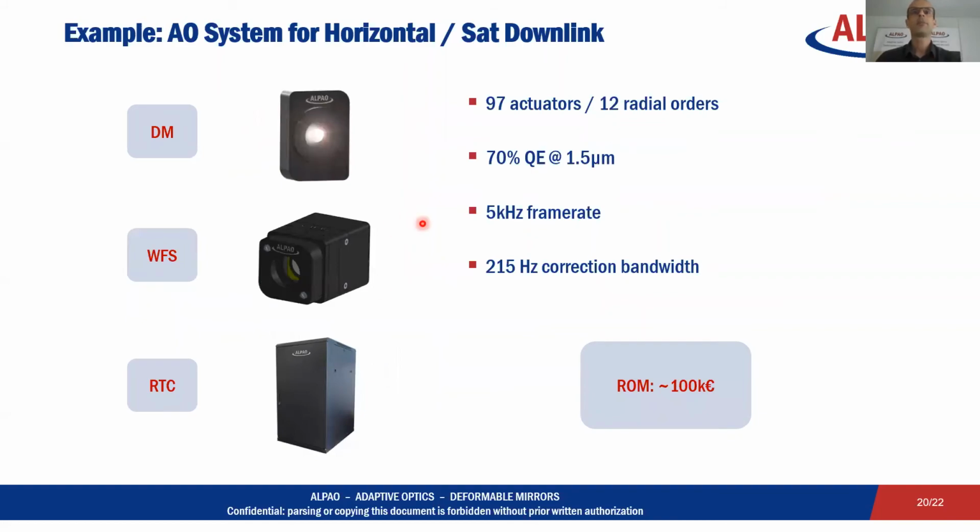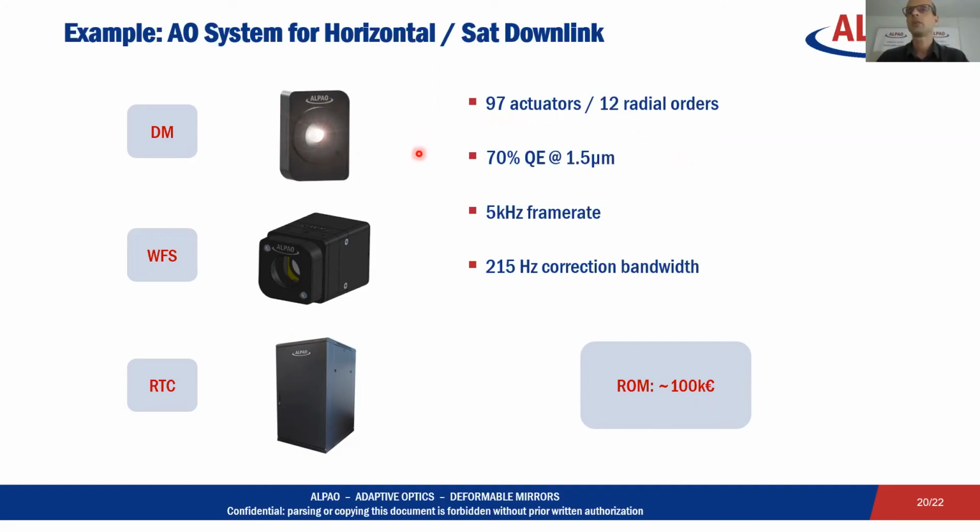So here we have an example of an entry-level AO system for this application: a DM with 97 actuators, which is able to compensate for about 12 radial orders in terms of Zernike polynomials.